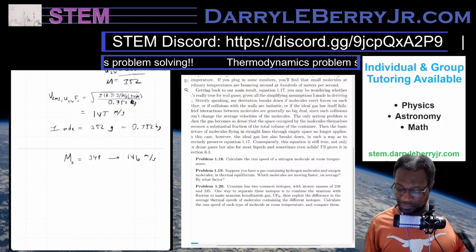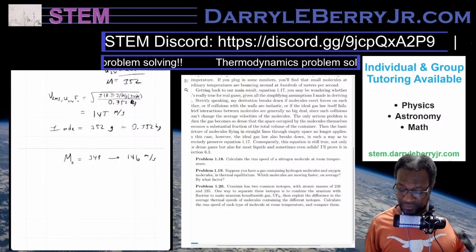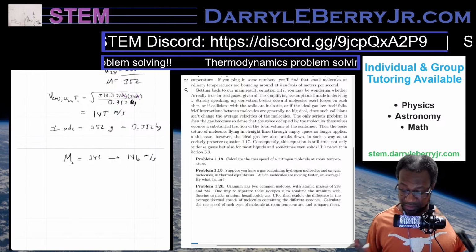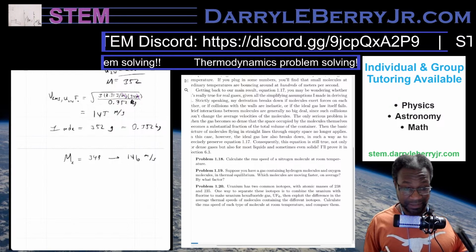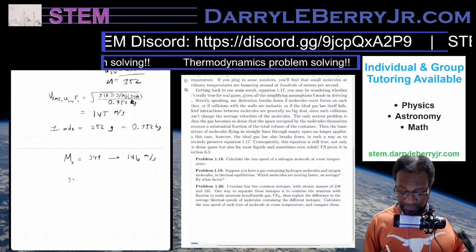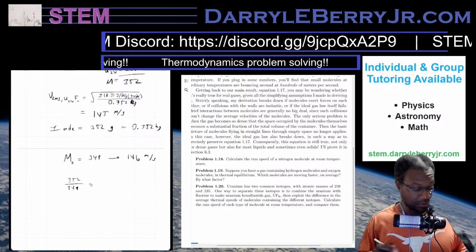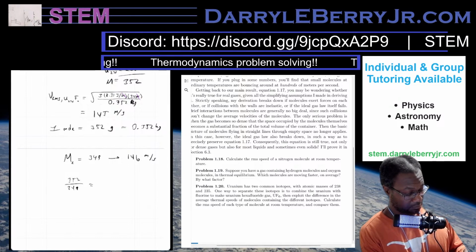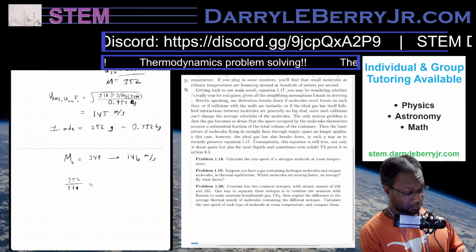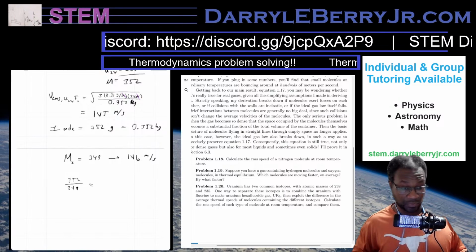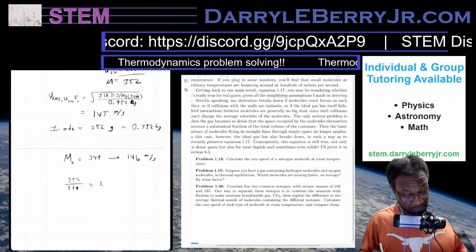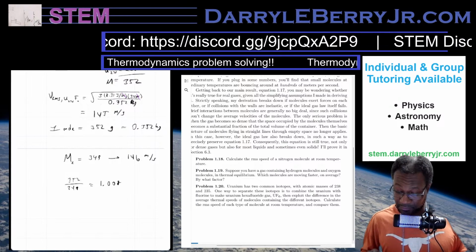And it actually was able to get the factor of the difference of the speed. So if I divide 352 by 349, that gives me about 1.008.